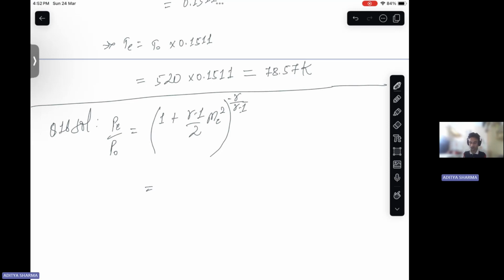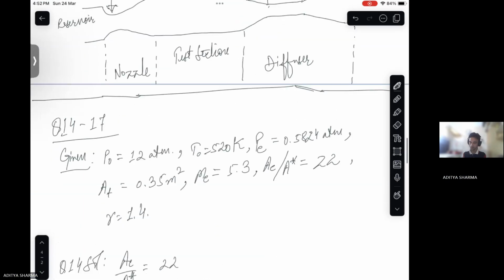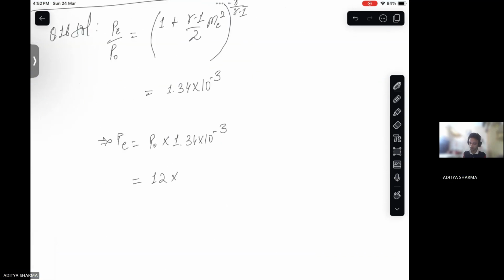it just comes out to be 1.34 into 10 raised to power minus 3. And then P exit equals P naught into 1.34 into 10 raised to minus 3, and P naught is 12 atmosphere. So if you multiply it by 12 atmosphere, what we get is 0.016 atmosphere.